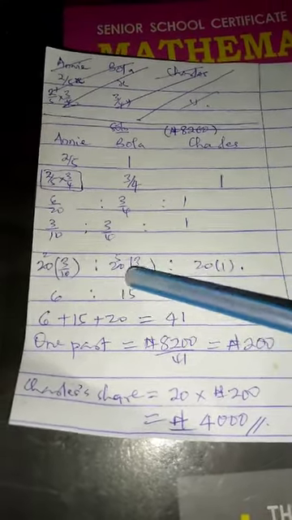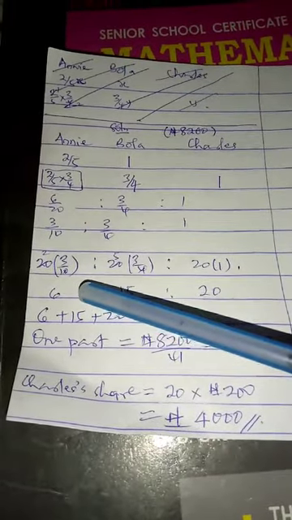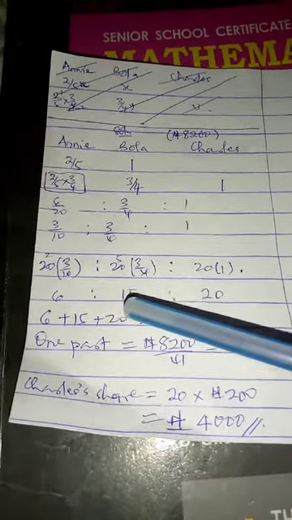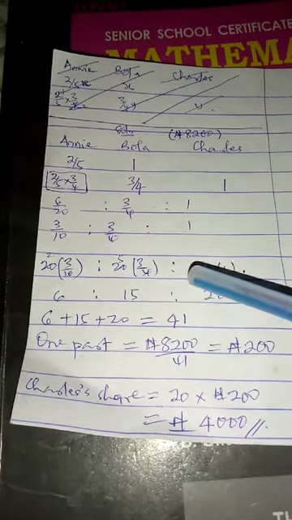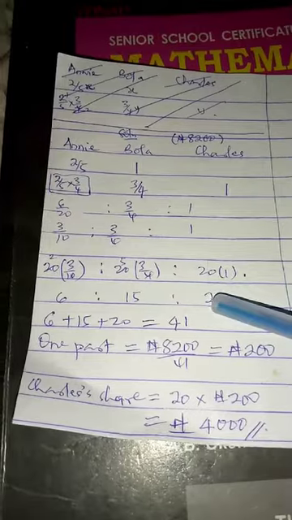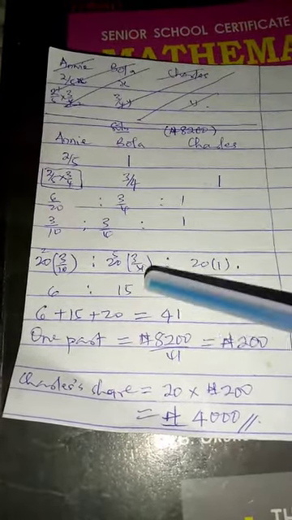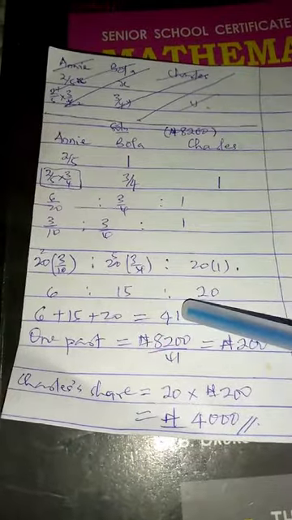Multiply each of them by 20, and this will give you 20 times 3/10 is 6, 20 times 3/4 is 15, 20 times 1 is 20. Now you can add them, so that you use this ratio to share 8,200. Adding the ratios, you have 41.